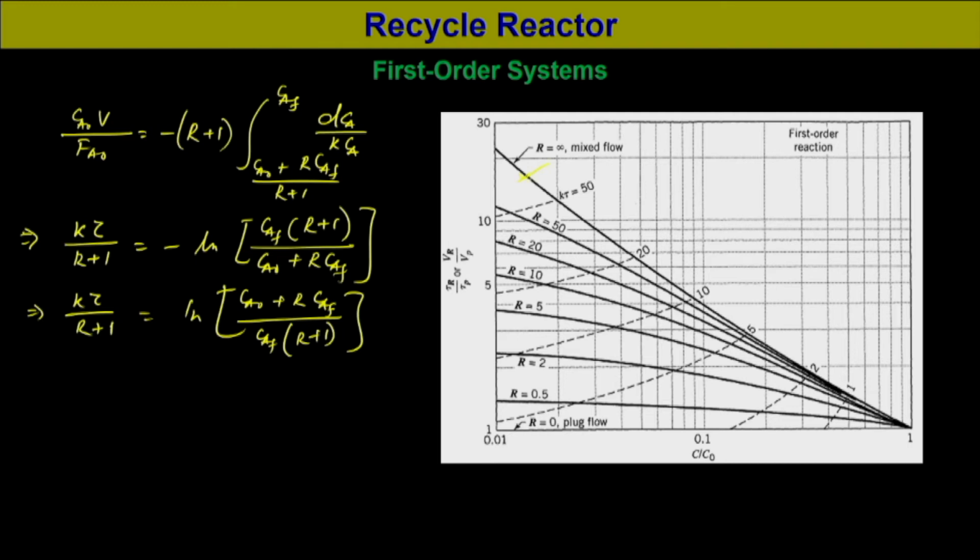So, over here the volume requirement becomes large. When the recycle ratio is reduced, it goes close to a plug flow reactor. When R tends to 0, it behaves like a plug flow reactor. So, this is the Levenspiel plot.